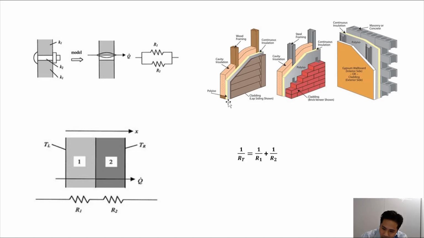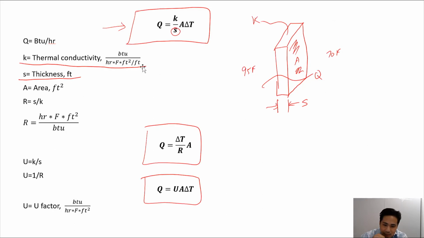So this whole thing could be represented as an equivalent K factor. So it could just be a single material, or it could be an assembly that will have an equivalent K factor. In that case, we just consider what that K factor will be and plug that into the formula.